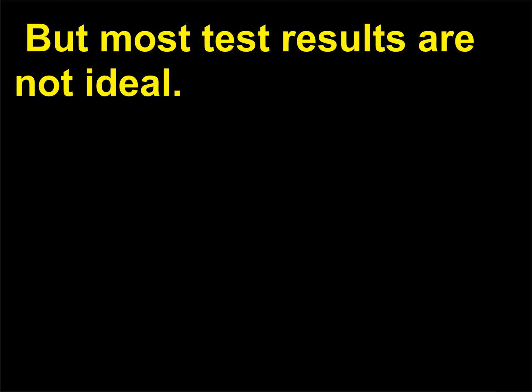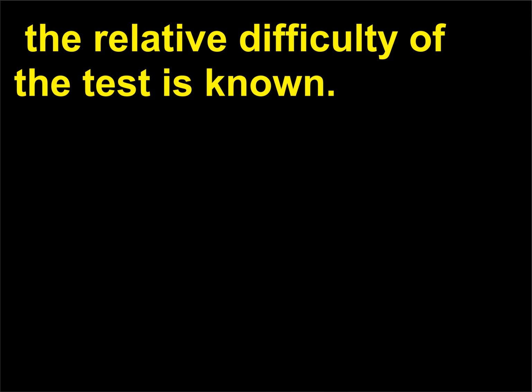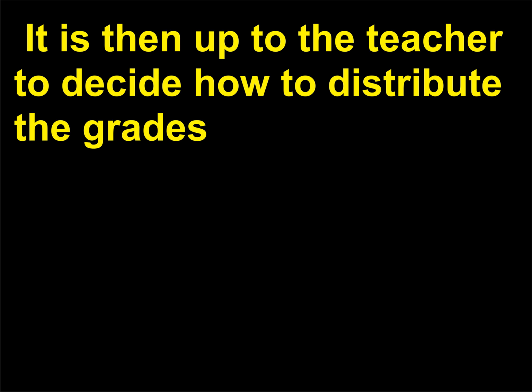But most test results are not ideal. Thus, when a plot of the number of students versus the marks received is viewed, the relative difficulty of the test is known. It is then up to the teacher to decide how to distribute the grades.